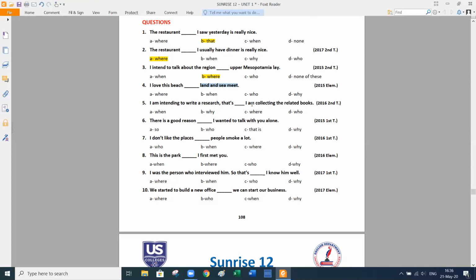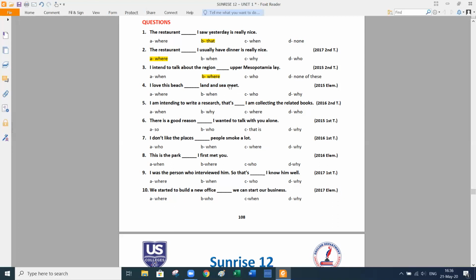Let me give another example. Tim and Tom met yesterday. Tim and Tom is the subject, met is the verb, and there is no object. But if you say, Tim met Tom yesterday, in that case, we have Tim as the subject, Tom as the object.